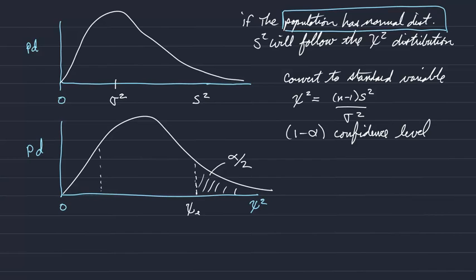The first is chi-squared sub alpha divided by 2 for n minus 1 degrees of freedom.